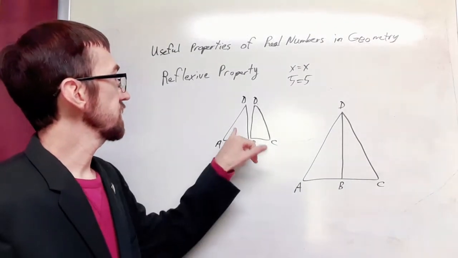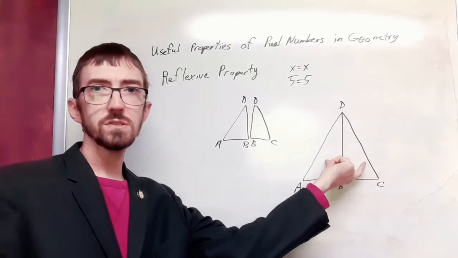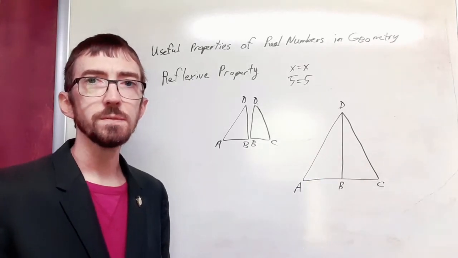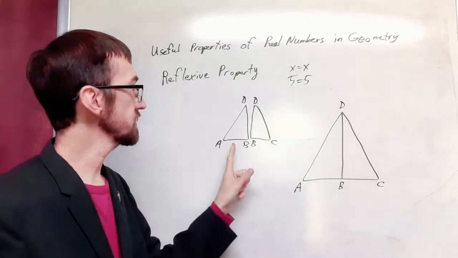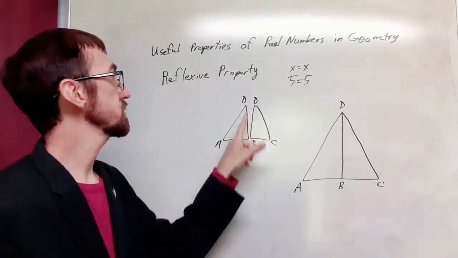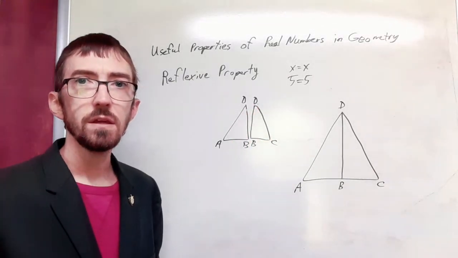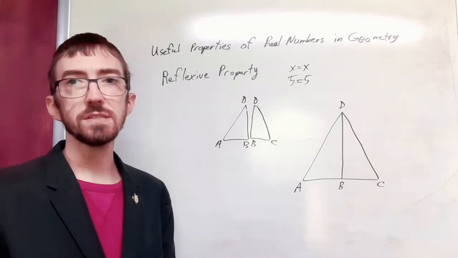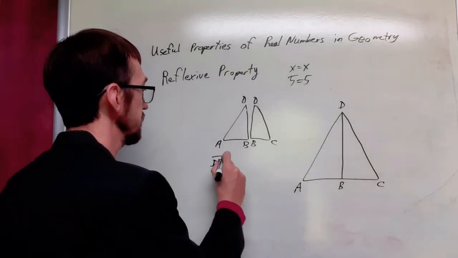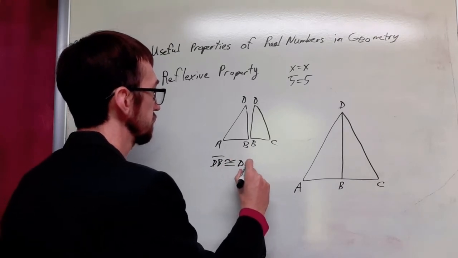So what we see is that this triangle and this triangle are the separation of the big triangle into its smaller parts. And we can say something about the equality of this triangle with this triangle because this side and this side are the same length, because they were originally the same side. So we have that segment DB is congruent to DB.